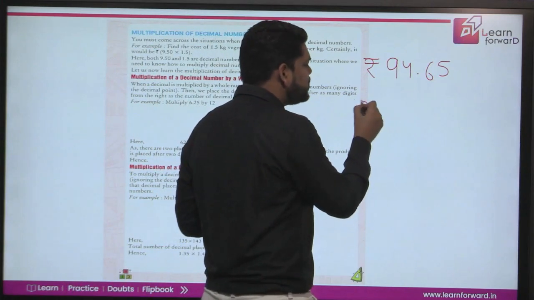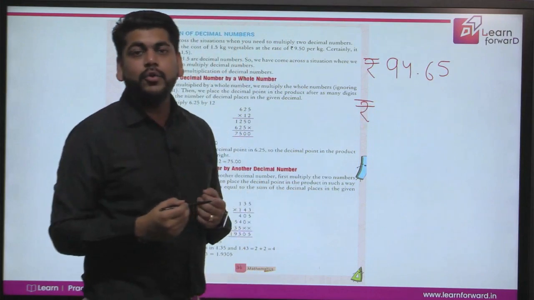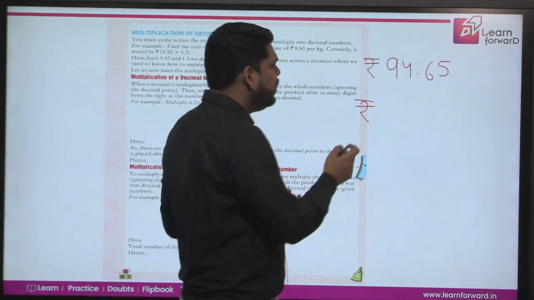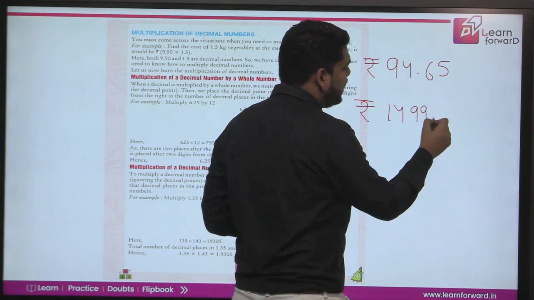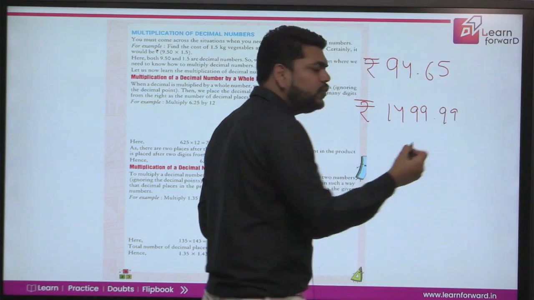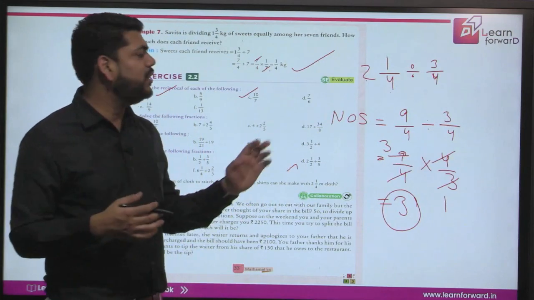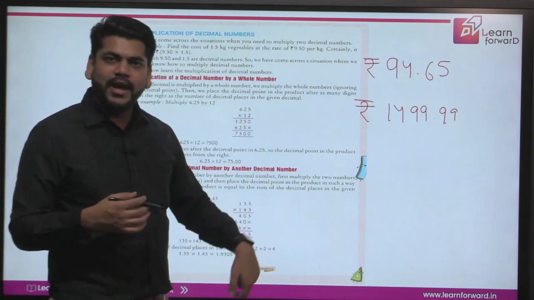Or you must have visited the market where you purchased your clothes, right? Then the price there can be somewhere around 1499.99. So this is the way you see decimals in your real life, right?